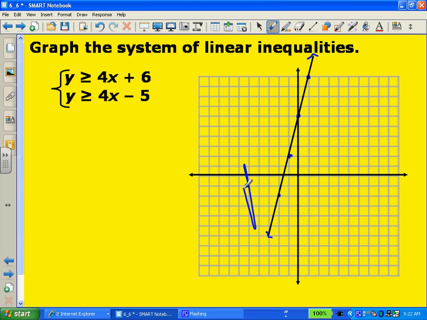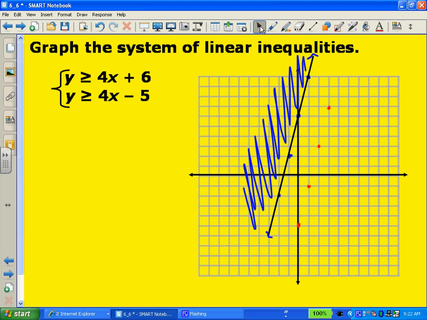And it gets shaded above because it's greater than or equal to. The second line here starts at -5. Slope of 4, 4/1.